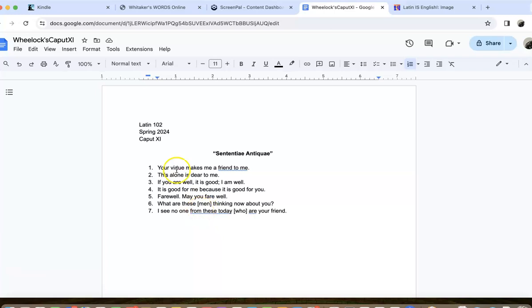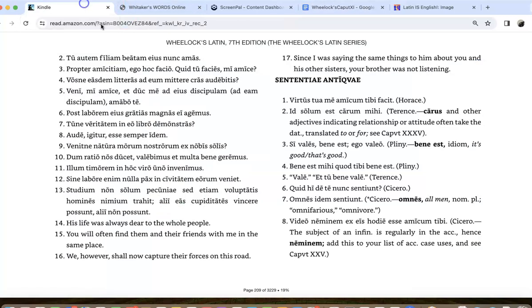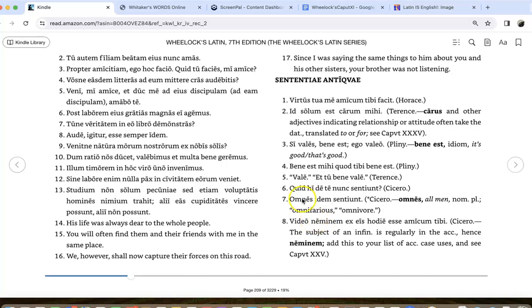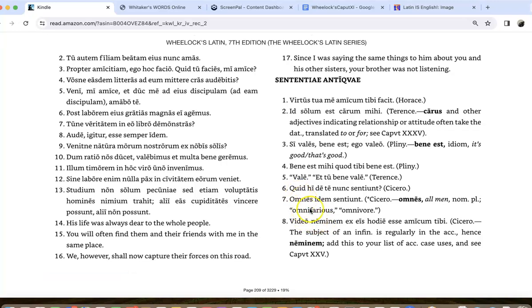We're smarter than Google Docs. Probably the better English translation doesn't quite fit the Latin, because Latin is not English, and this is a language that existed over 2,000 years ago, so we'd be more surprised if it did fit than if it didn't. I don't see any of these men today who are your friend, but that would be changing the grammar in significant ways.